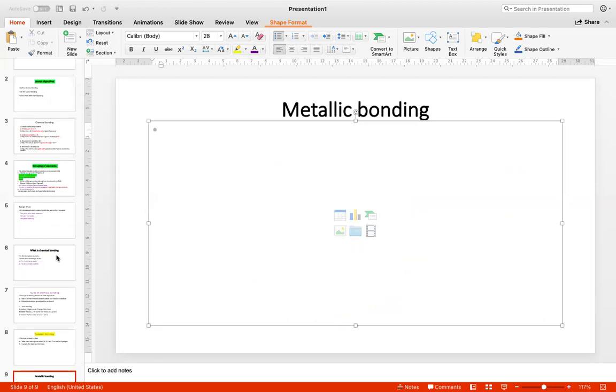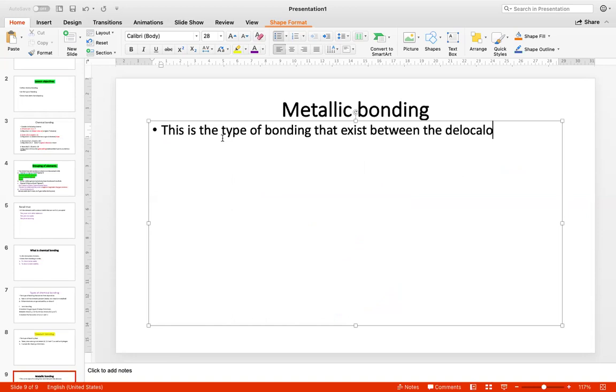So maybe I can write that. So again, this is the type of bonding that exists between the delocalized electrons and the positive charges in their metal lattice.